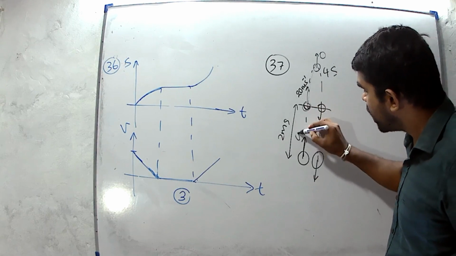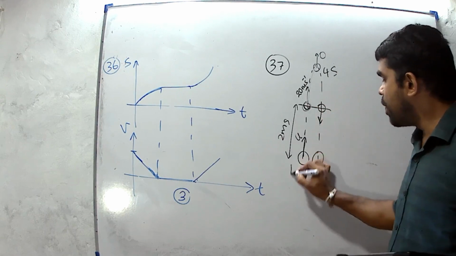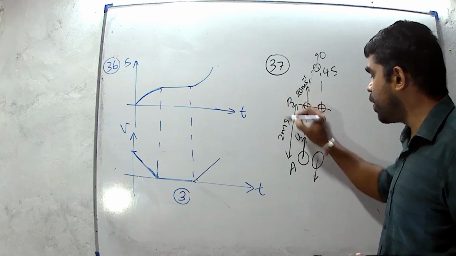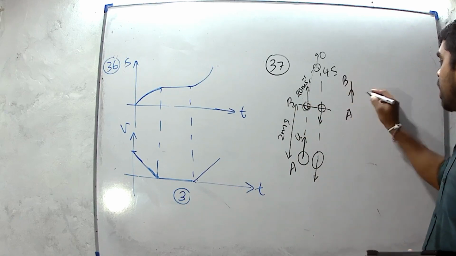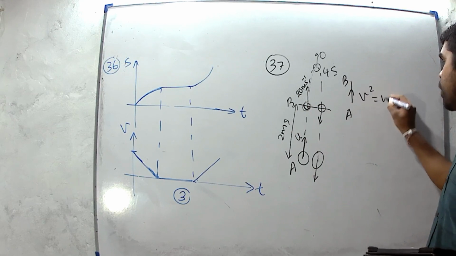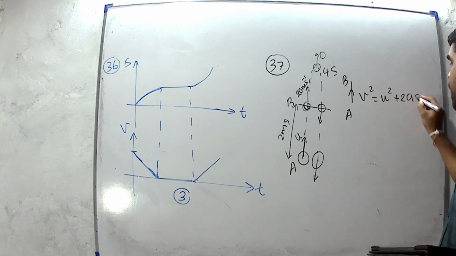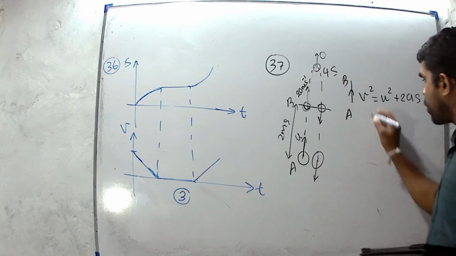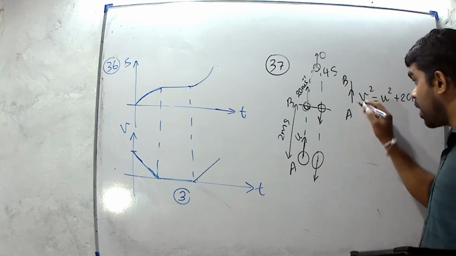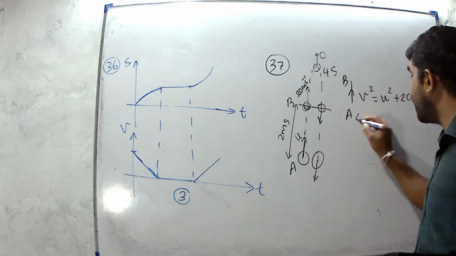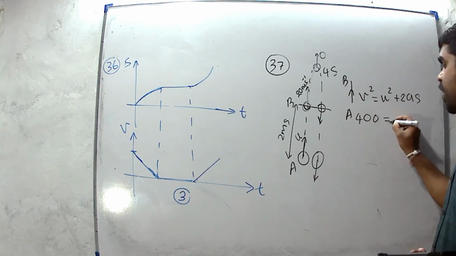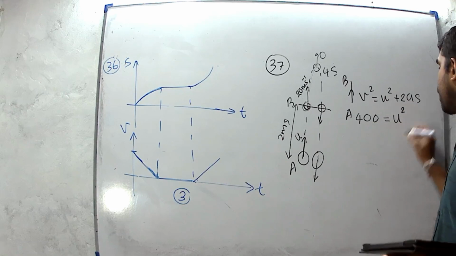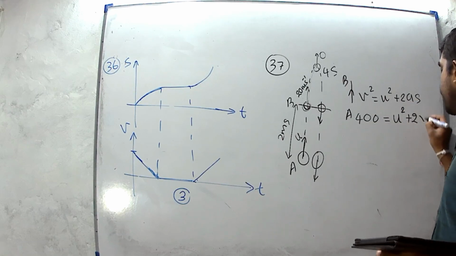We have to find the initial upward velocity. We can use an equation from A to B, v squared equals u squared plus 2as in the upward direction. We have to find the final velocity. We have found the final velocity, 20. 20 squared means 400. The initial velocity we have to find: u squared plus 2 into the gravitational acceleration.